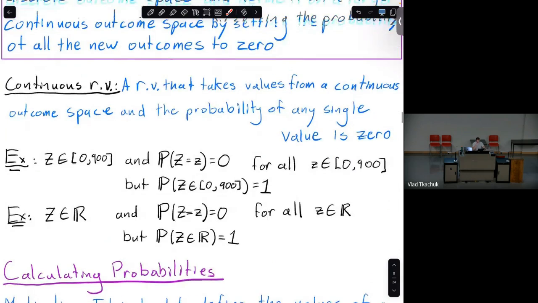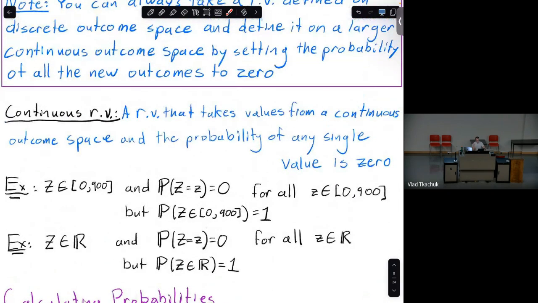Okay. And so the continuous random variable is kind of the opposite of the discrete one, which is that it's a random variable that takes values from a continuous outcome space. And here's this really weird property, so bear with me for a couple of pages and I'll try to make it intuitive.